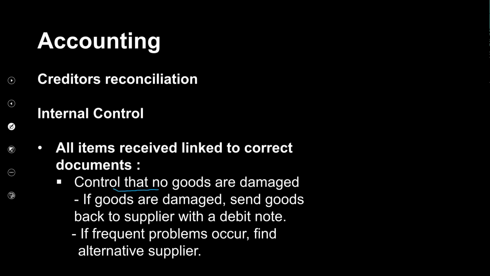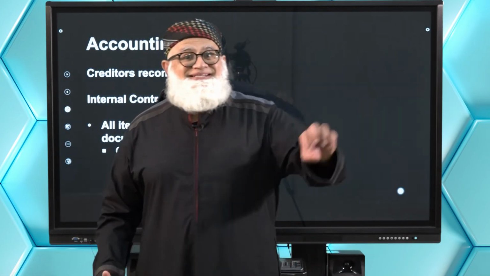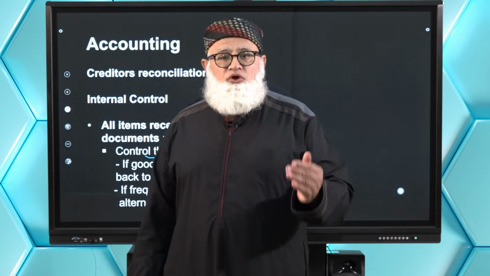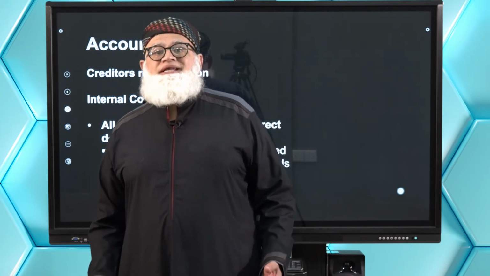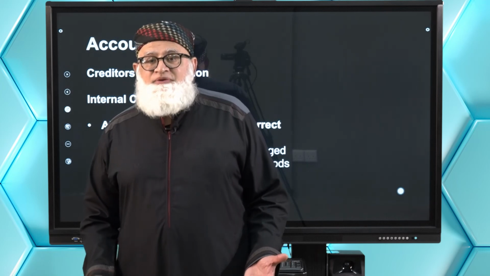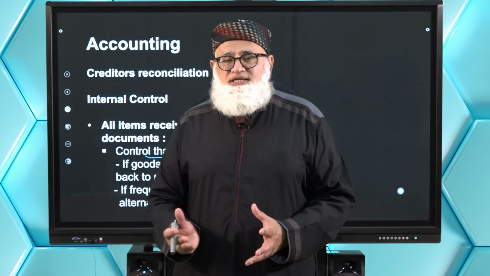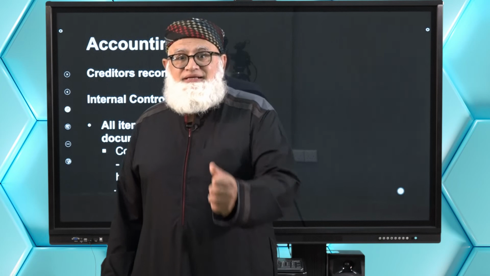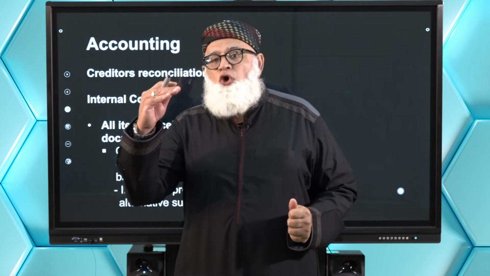Control that no goods are damaged. Obviously, if the goods are damaged, then those damaged goods need to be returned to our suppliers. And also, if we're continuously receiving damaged goods, then obviously we need to look at an alternate supplier. Remember, accounting boffins, all of this forms part and parcel of internal control to ensure that when we are ordering goods from our creditors, we are following the normal channels.